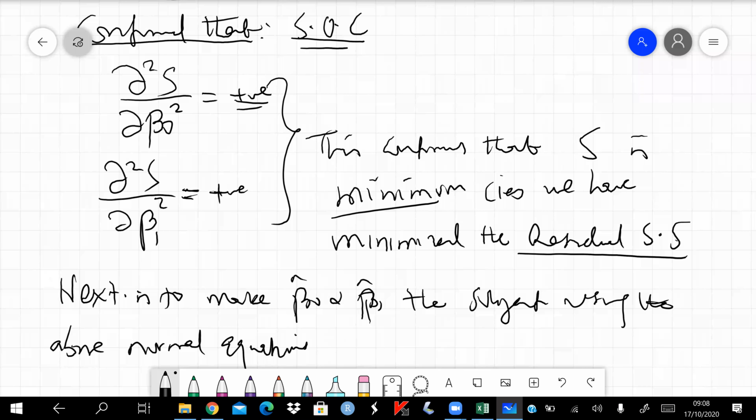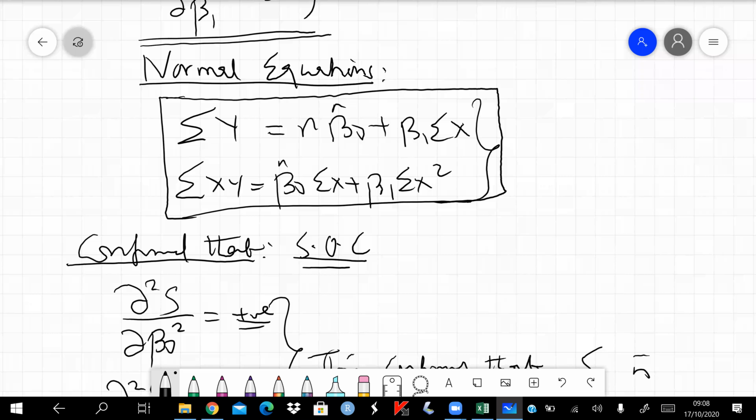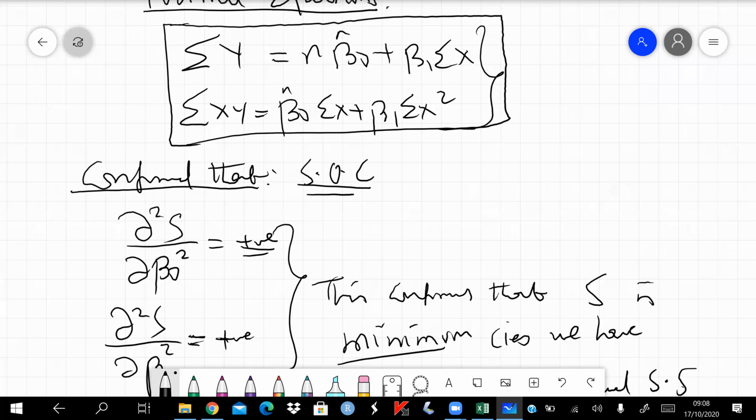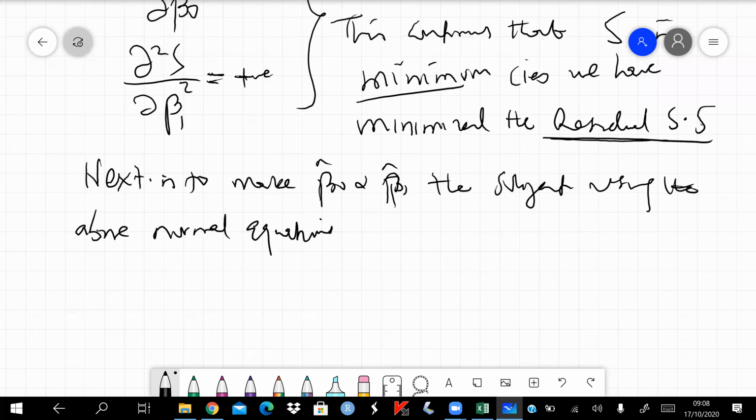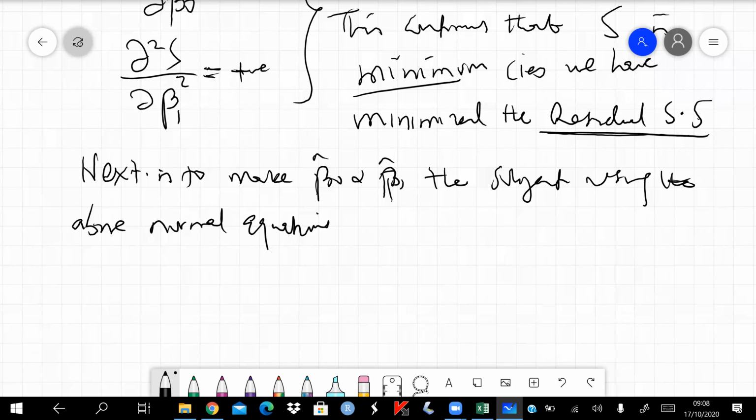So once you confirm that your S is actually a minimum, now you can make beta naught and beta 1 the subject of the formula. And we saw that if you play around with the values, there's a video that I shared which shows the algebra involved in that manipulation.